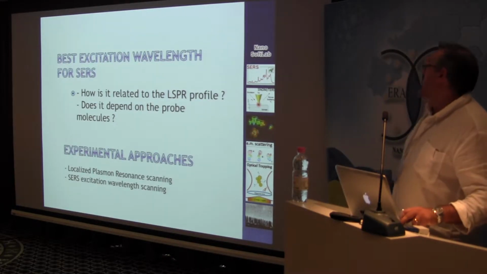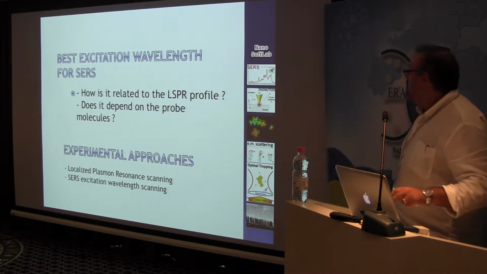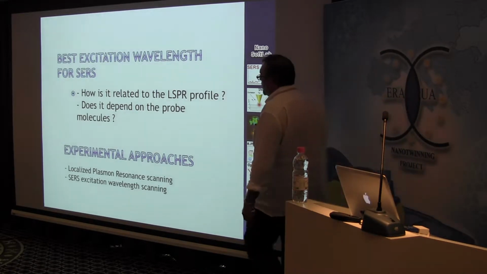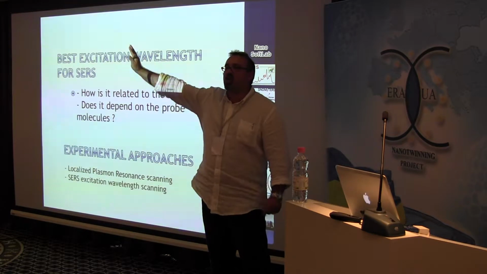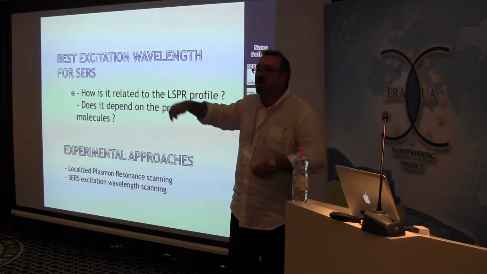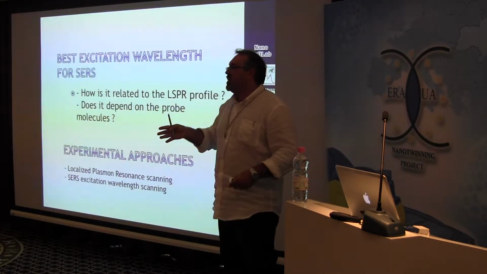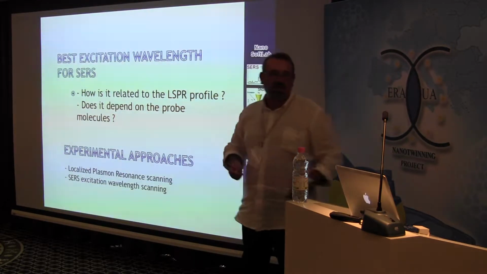We can do different experiments to check this, and basically we can do 2 different experiments. One is fixing the laser and changing the localized surface plasmon resonance. The other is fixing the localized surface plasmon resonance and scanning the laser.